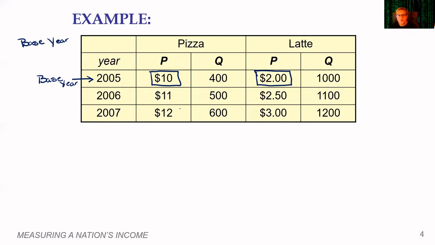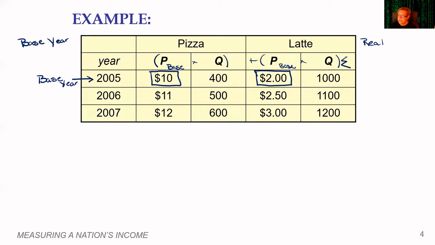But that will strip out the price effect, the inflationary component. So we're going to hold the price constant in the base, multiply it by the quantity, and then sum those up. That's essentially what we're doing to get to real.